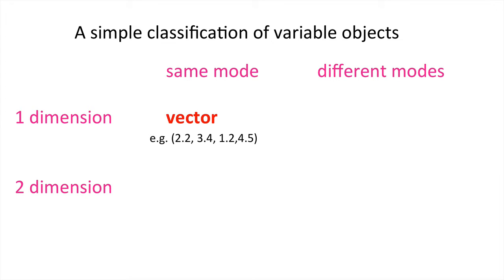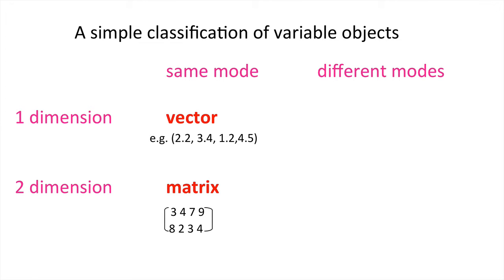The simplest form of variable is called a vector, and with vectors we've got a single linear dimension of elements, but all these elements have the same mode, such as here where they all are represented by numbers. In other cases they might all be represented by logicals, true or false, or by characters.